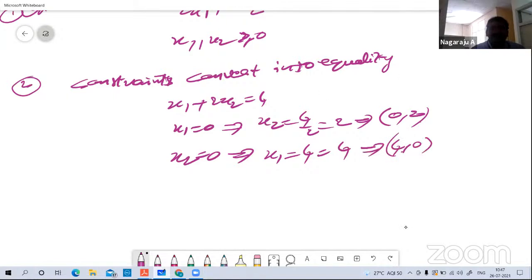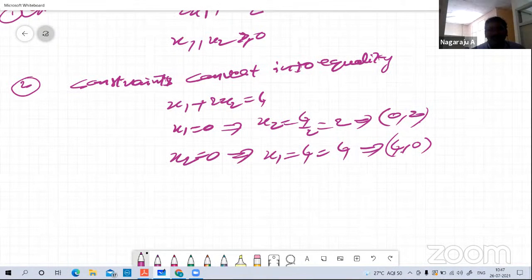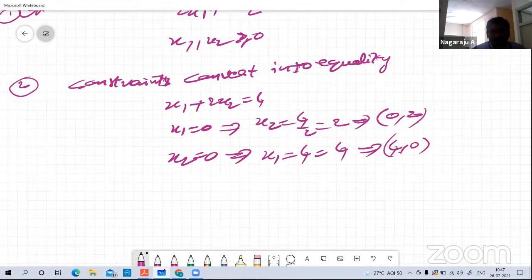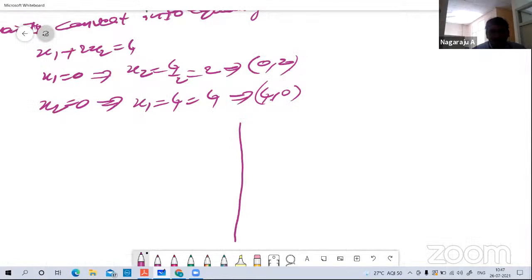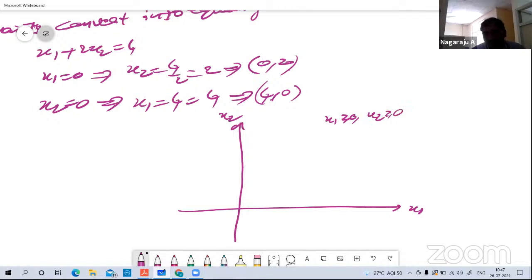Now, second, from this I will construct the graph, with the x1 axis and x2 axis. Because x1 is greater than or equal to 0 and x2 is also greater than or equal to 0, both are positive, so we get only this region.